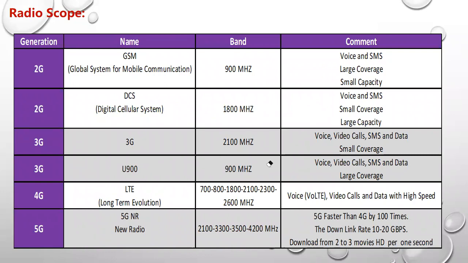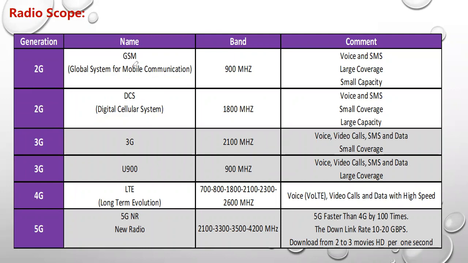Now, this 2G came with two things, something called GSM, and another called DCS. GSM is short for Global System for Mobile Communication, and DCS is short for Digital Cellular System.